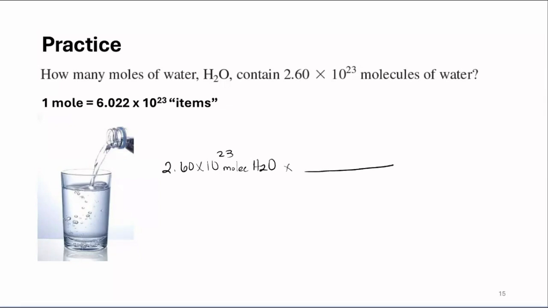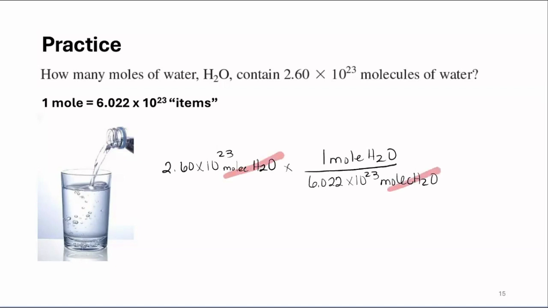Let me now write my equality as a fraction. Since I'm dividing by Avogadro's number, I'm going to write in the bottom 6.022 times 10 to the 23rd molecules of water, and on the top, 1 mole of water. The units of molecules of water cancel.